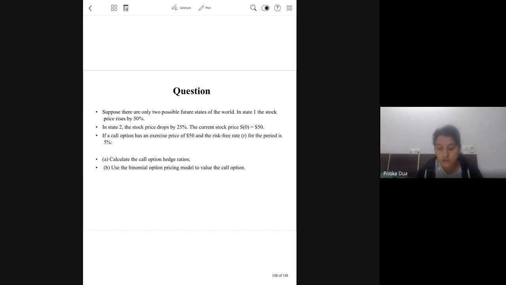So again, you have exercise price of call option given to you, risk-free rate, and you need to calculate the call option hedge ratios, and using the binomial option pricing model to calculate the value of the call option. So I'll give you the formulas and then you can start solving.